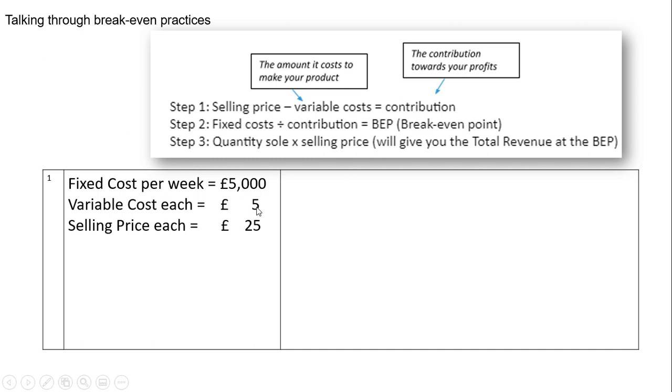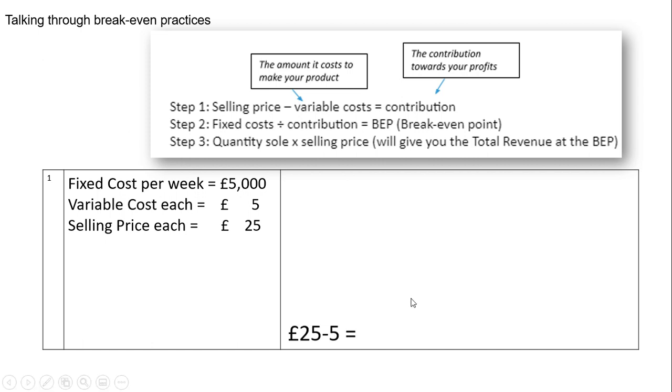So if I'm making dresses or clothes, I'll have to buy the material, the cotton, electricity and all that sort of thing. So it costs £5 to make the product, and the product will be selling at £25 per unit, and a unit is just like one item.